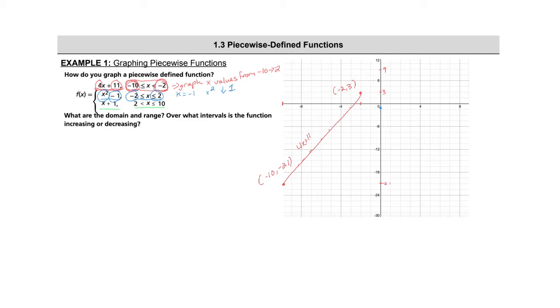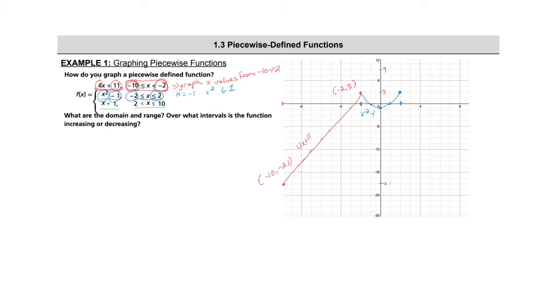And then we go up 1 to the right one, up 1 to the left one. It's going to continue like this and then continue like this. So that's our graph of x squared minus 1 from the interval -2 to 2.